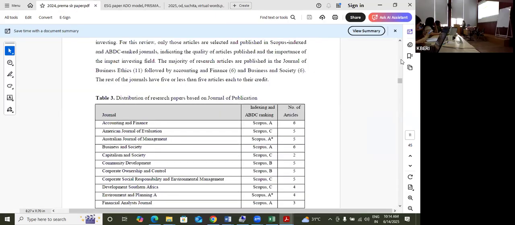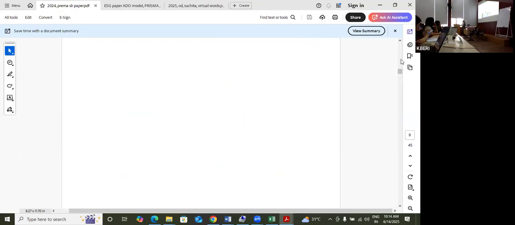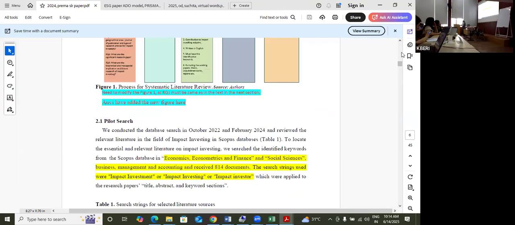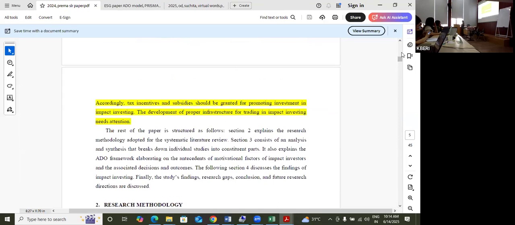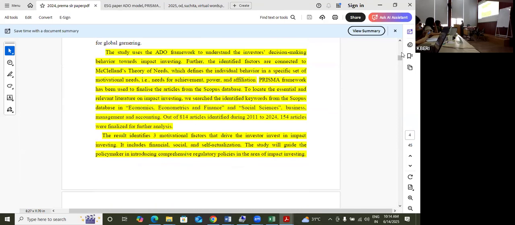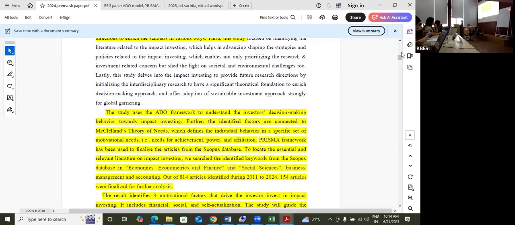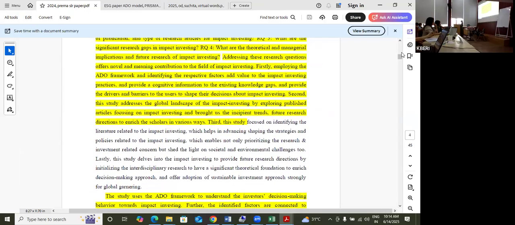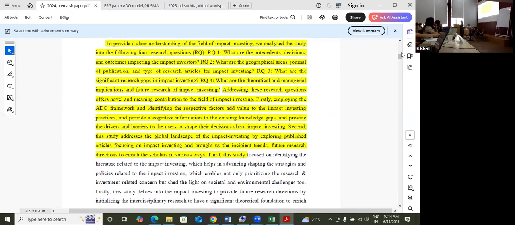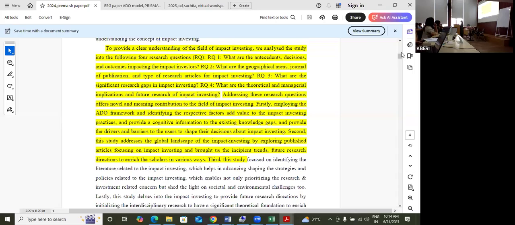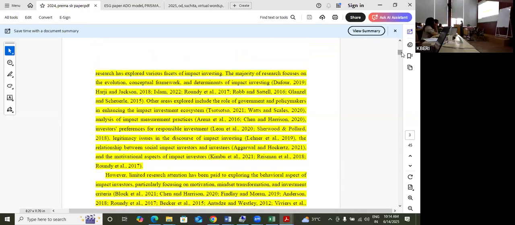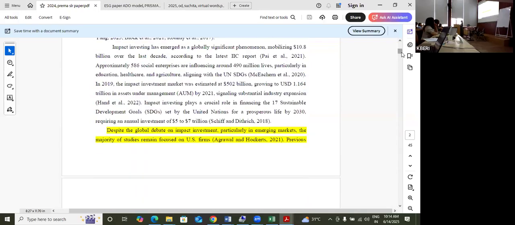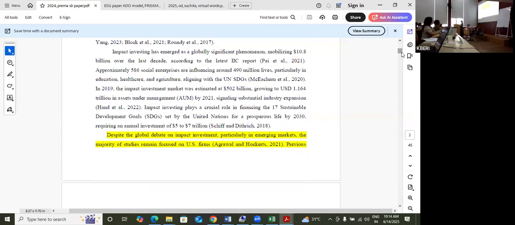Let me take you to this part. This is one of the papers that we have really worked hard on. This is the introduction section of one of my papers on impact investing. I want each one of you to please look at this.